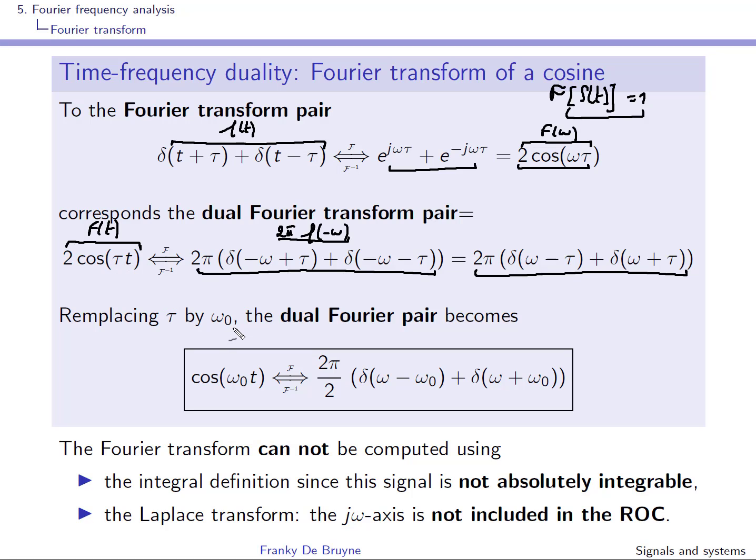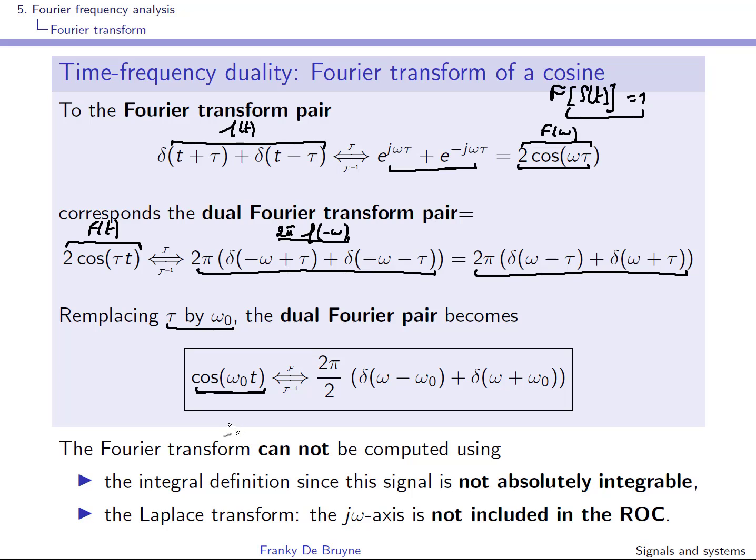Replacing tau by omega, we've got here the Fourier transform of a cosine. And of course the cosine only contains one frequency, so you see that you have indeed information only at omega equal to omega 0 and omega equal to minus omega 0.